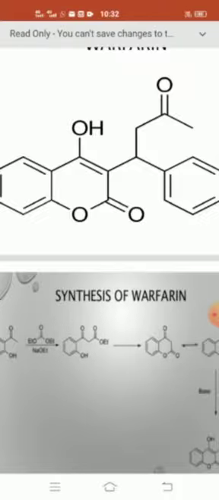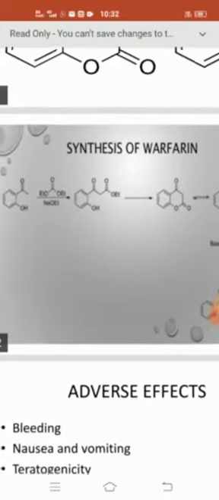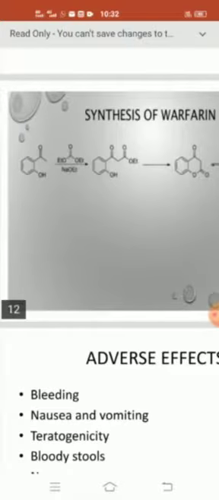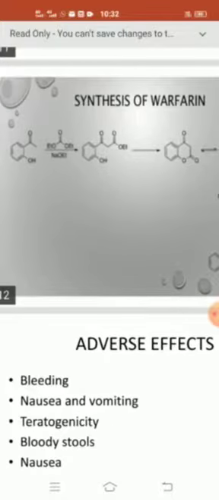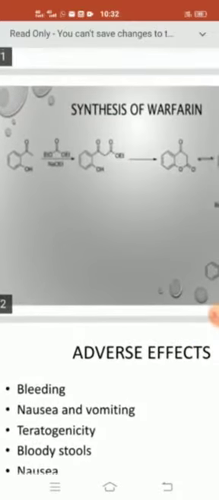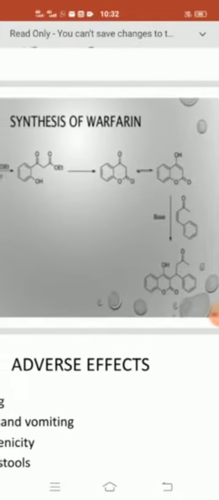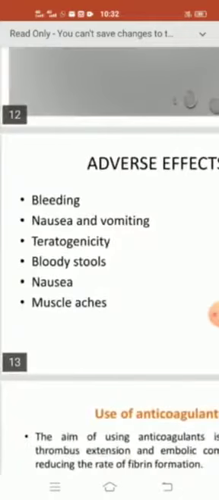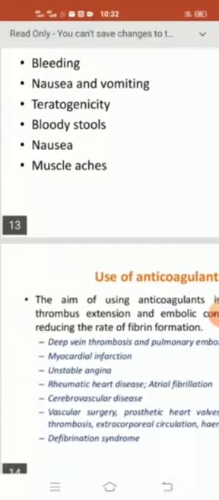You have also synthesized 7-hydroxy-4-methyl-coumarin. You can see the structure of the synthesis of warfarin. It is very important. Adverse effects: it causes bleeding, nausea, vomiting, teratogenicity, then bloody stools, muscle aches.